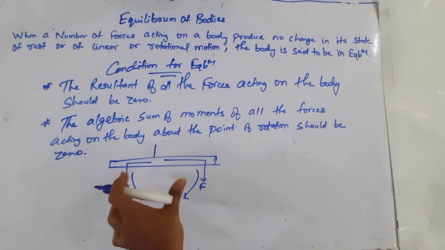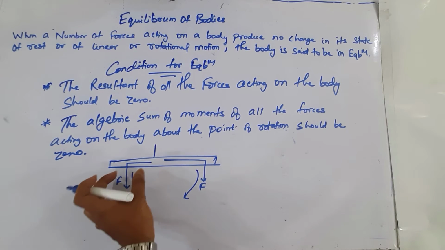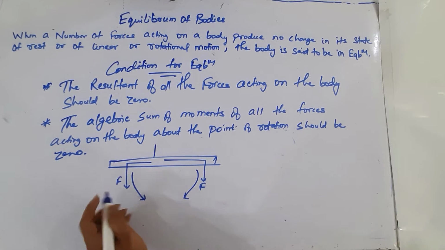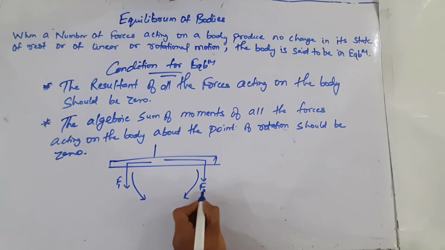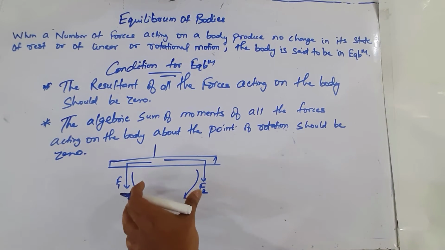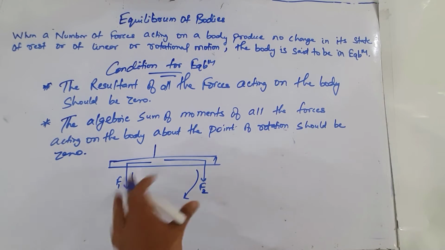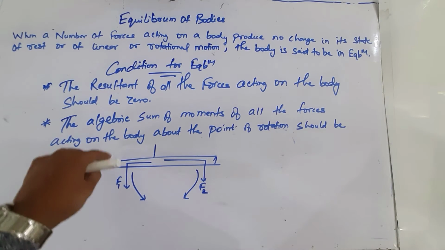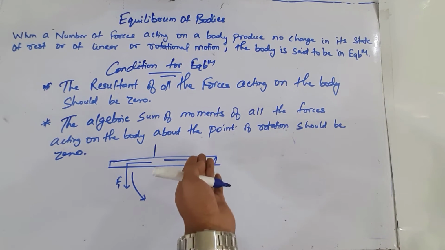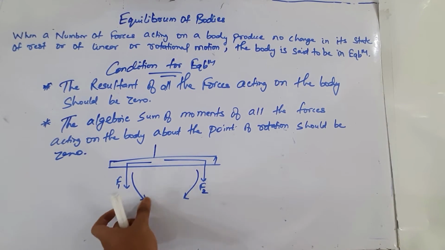So the body will not rotate at all. That is, the sum of moments of force created by force F1 and force F2 is 0. The moment is a vector quantity; one is turning anti-clockwise and the other is turning clockwise. So the anti-clockwise moment is the same as the clockwise moment, and there is no net rotation of the body.